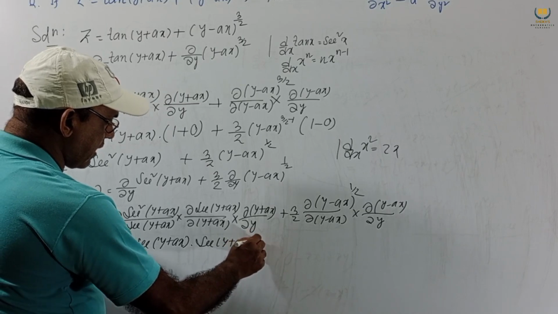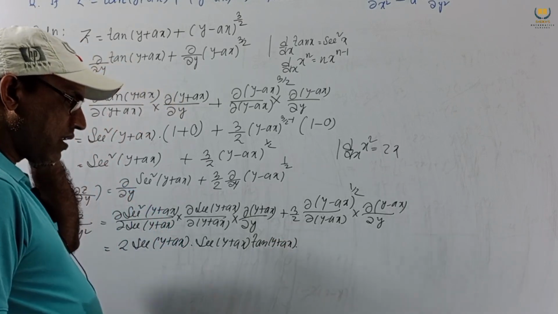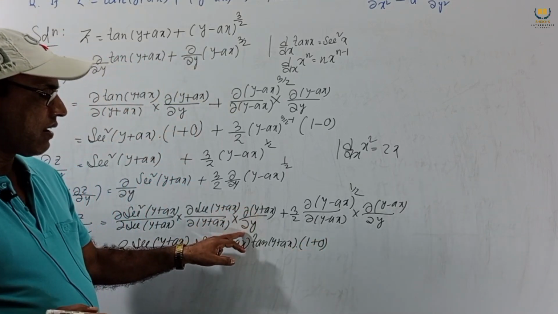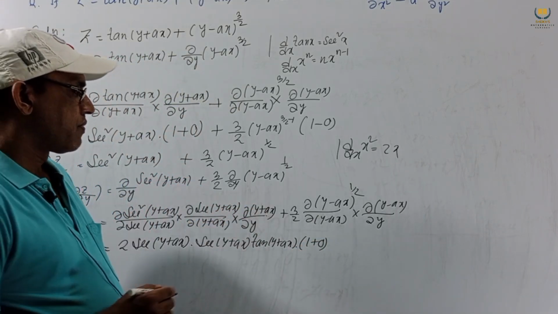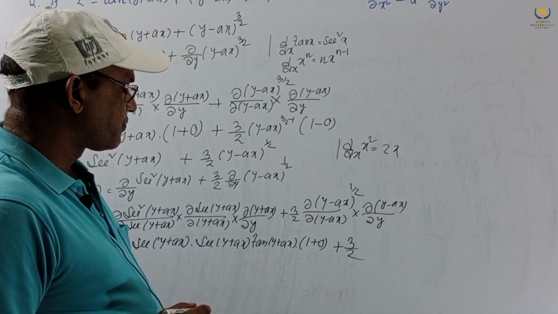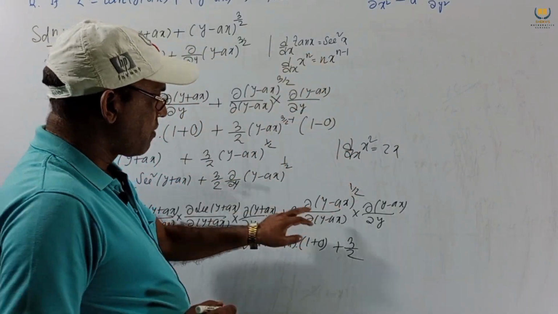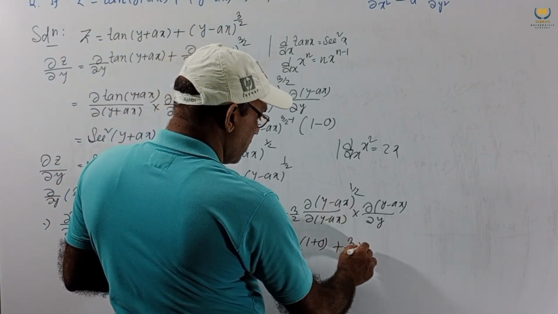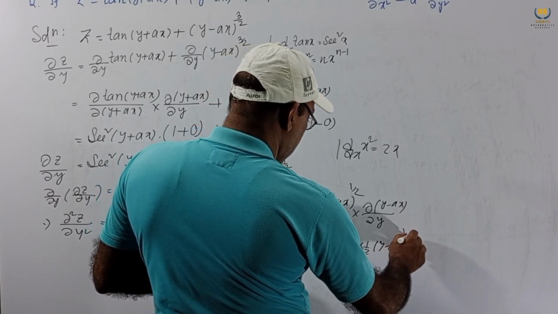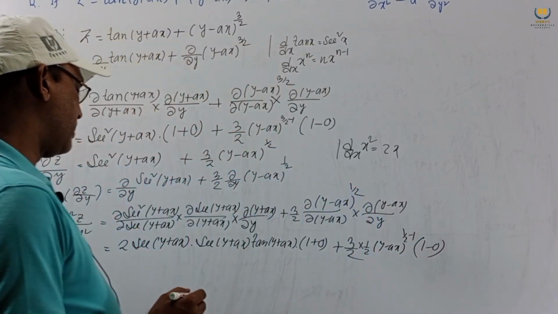into tan(y plus ax), and if we differentiate this, we get 1 plus 0 because del y is 1 and ax is constant, this is 0. And here we get 3 by 2, and the same formula, x to the power n becomes n in front, so 1 by 2 (y minus ax) to the power 1 by 2 minus 1, and del y is 1, and this is 0, we get this one.